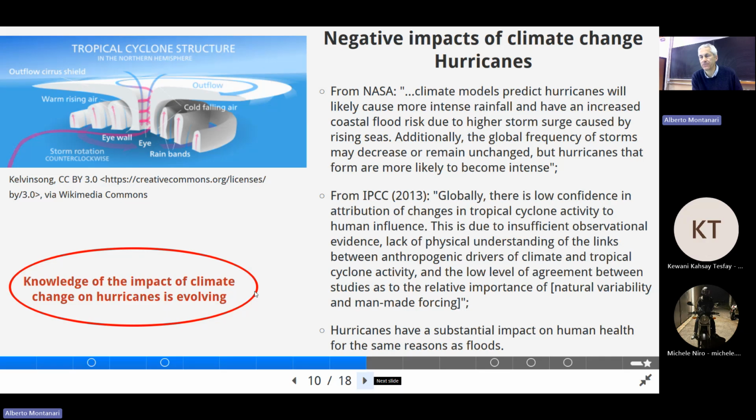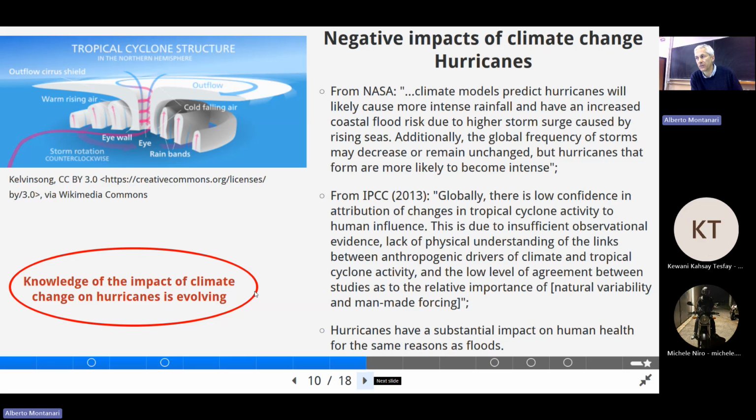NASA, IPCC, which is extremely, as I said, skeptical, conservative. Globally, there is low confidence in attribution of changes in tropical cyclone activity to human influence. This is 2013, so it's already a bit outdated.